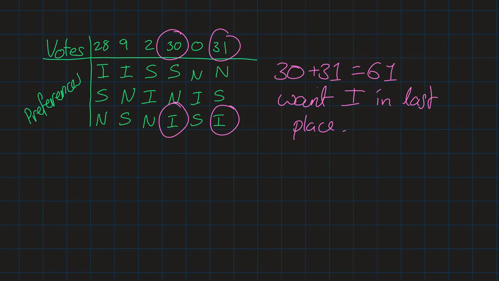That's their least favorite option. So even though 37 people have I as their top choice, 61 have it as their bottom choice. So maybe I is quite a polarizing option, and maybe by choosing I, you make 37 people happy, but you make 61 people sad. So maybe that should be taken into account when you make the decision of what to do.